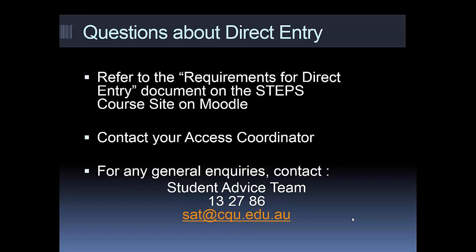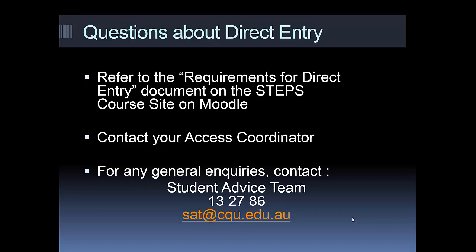Now, if you have any questions about the requirements for direct entry, the first place to check is the STEPS course site on Moodle, and there's a document there called the requirements for direct entry that has loads of information about requirements, and there's also on the Moodle site itself lots of frequently asked questions, and that may answer any issues that you have.